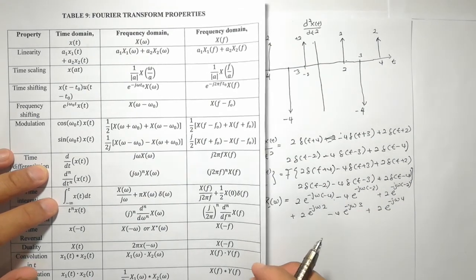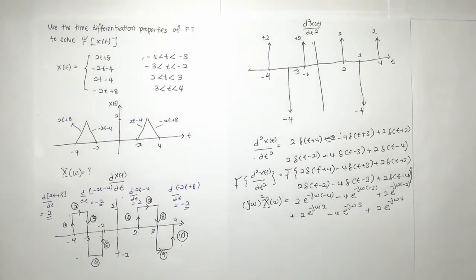This is the Fourier transform of d^2 x(t)/dt^2.